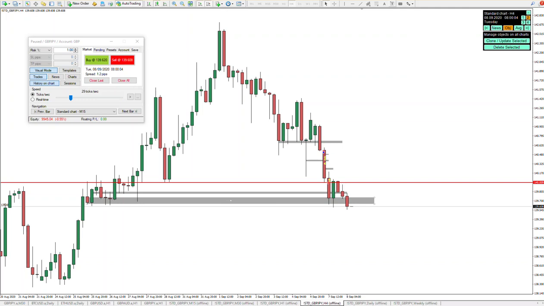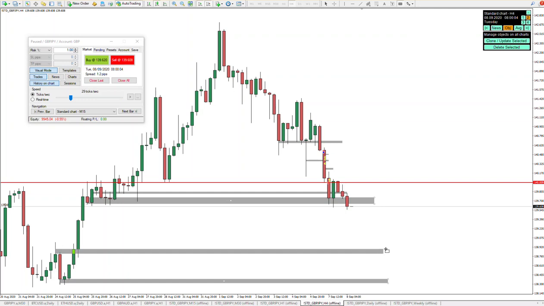So what we see now is a huge area. We can get at least to here. That's a possibility. Let's clone it.